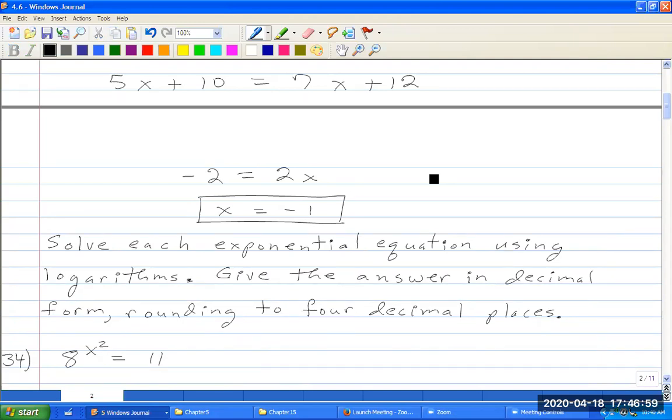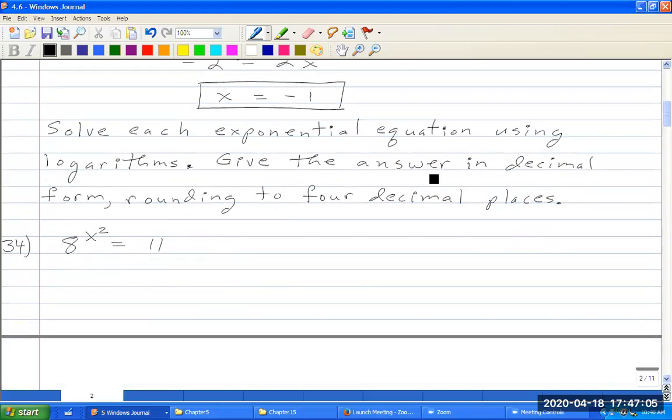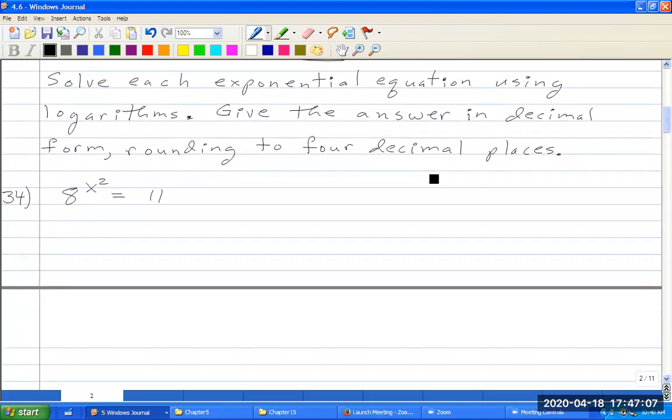Give your answer in decimal form, rounding to 4 decimal places. Notice that there's no way to get the same base without using logarithms. So there's no common base between 8 and 11. So let me take the logarithm of both sides of my equation.